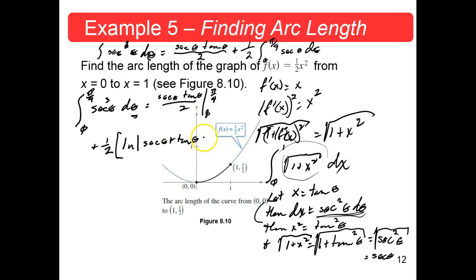Okay, and they have a plus c, but we don't need that because we have our limits. So we have our limits, 0 to pi fourths, which we already determined. All right, so now it's time to write down the answer. Secant of pi fourths, anyone know what that is?